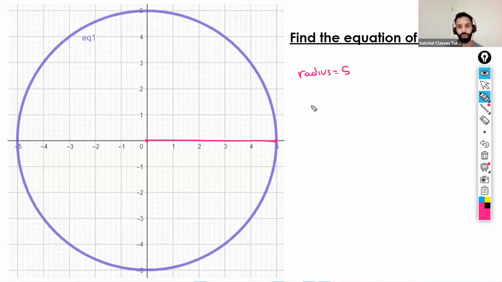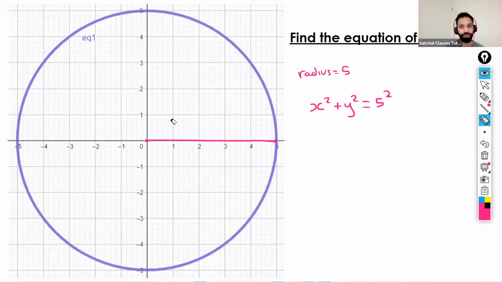Therefore, the equation of the circle is going to be x squared plus y squared is equal to 5 squared. Be mindful the center is at the origin. And at GCSE level, you won't deal with circles where the center is not at the origin. So you shouldn't see anything where, for instance, the center was at -2, 2.